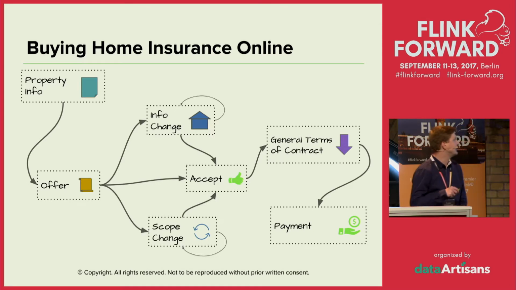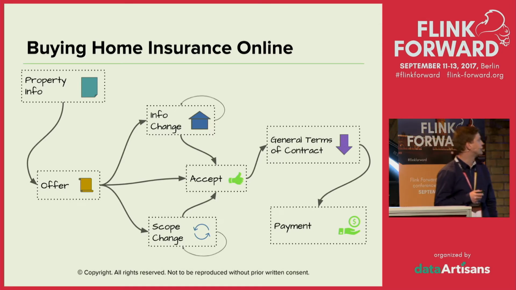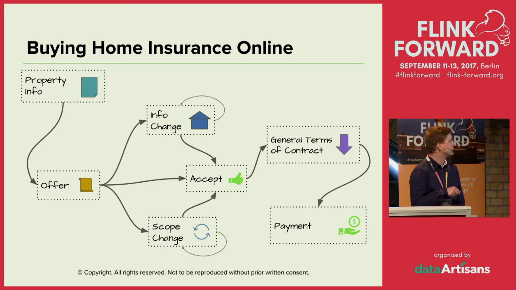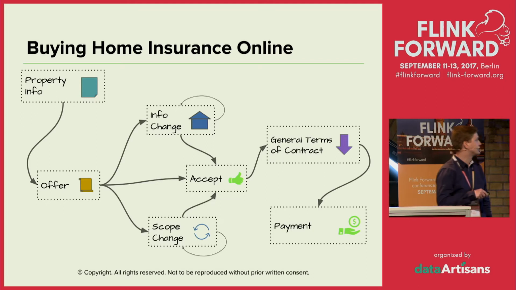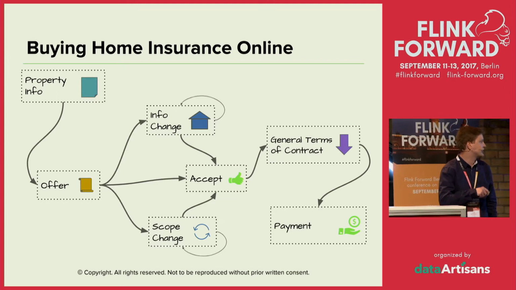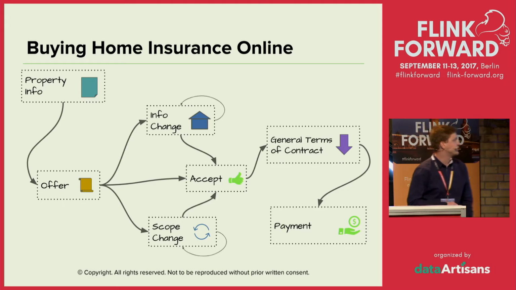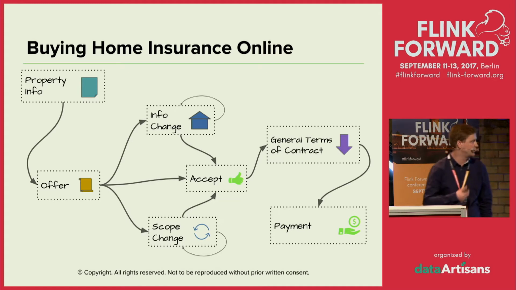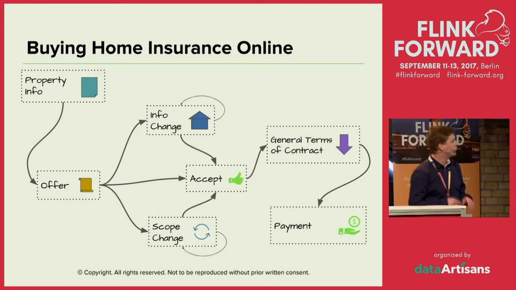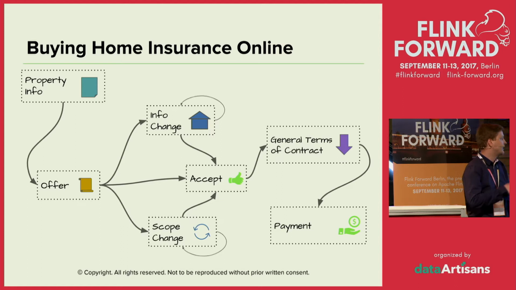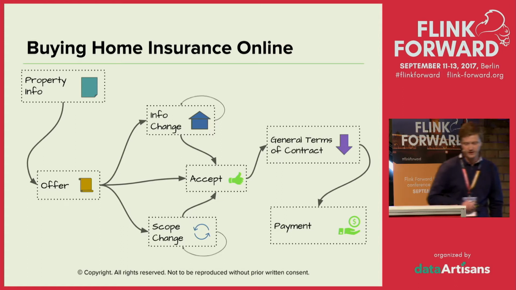So for example, we start with providing some basic property info, then we get an initial offer that we can either alter in some way or just accept. After accepting the offer, we should of course get to know the real general terms of a contract so that we will be aware of what we agree on, and if it is okay, we should make the payment for that offer.